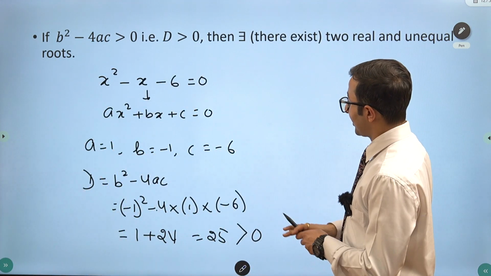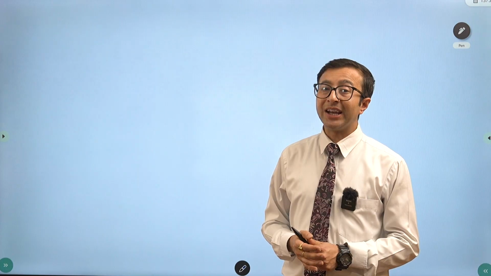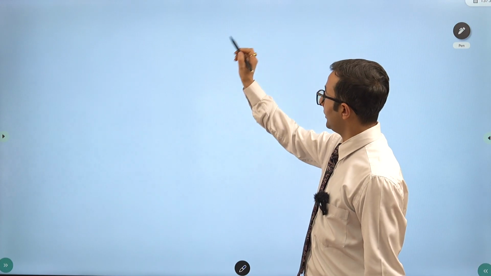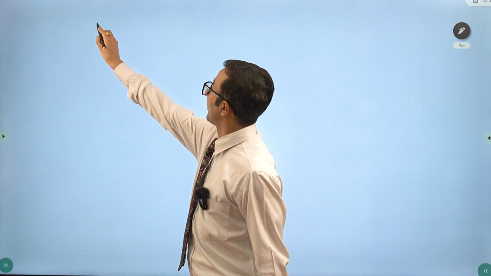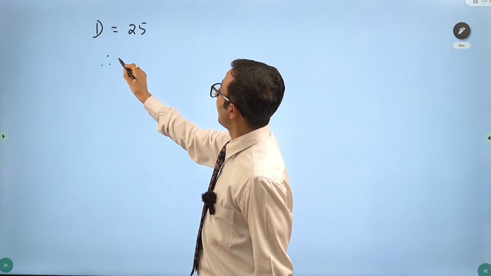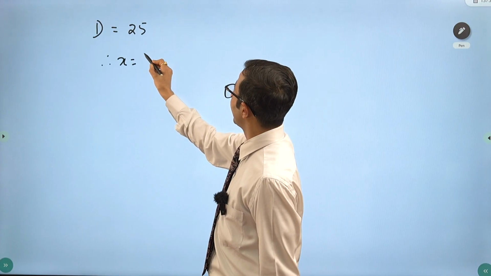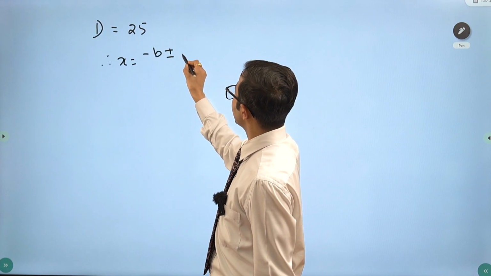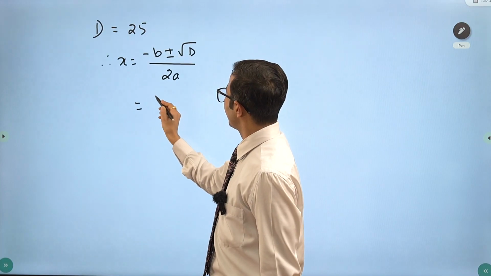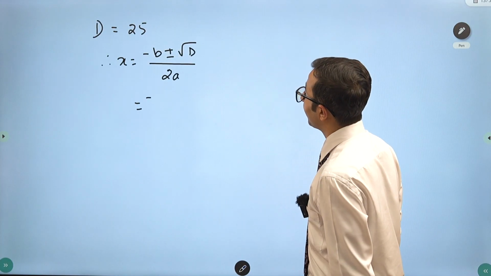Now let us check what the values of the roots are here, whether the values of the roots are equal or not. We have seen that the value of the discriminant for this problem is 25. So we know that the value of x can be obtained using the quadratic formula: minus b plus minus square root d divided by 2a. So this is equal to minus, what is there in place of b?